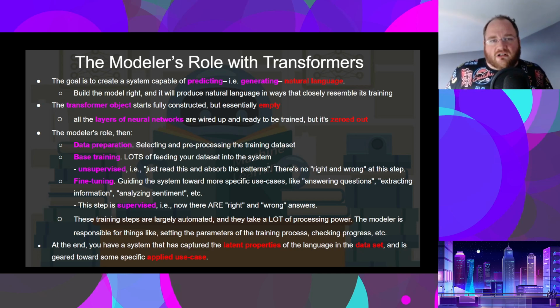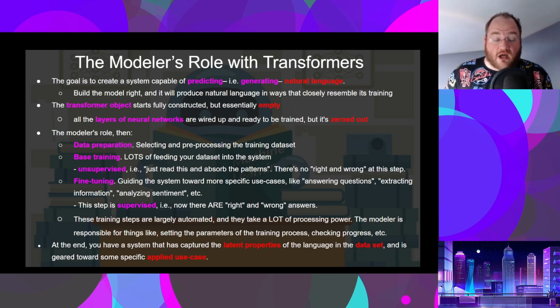When I say modeler, in some of the other modeling stuff we've discussed, the modeler writes the literal code of the system. But in this case, you're really just setting it and letting it run expensively for a while, right? A lot of computation involved.